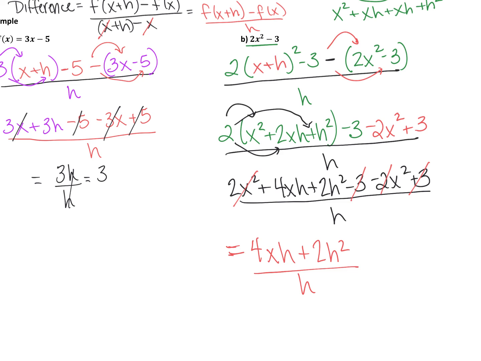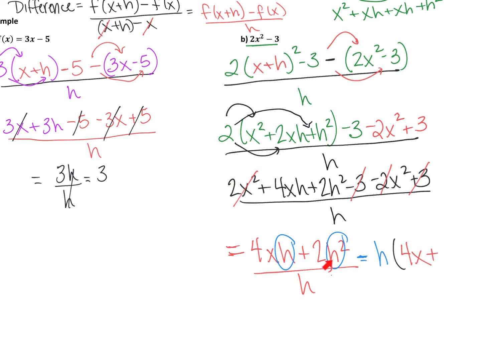Here's what's special about this now. Notice at the top, both these terms have an h. We can factor here. So when we factor, we're going to pull the h out of each term. So I'll put the h in the front, and I'll rewrite the term like this: 4x plus, you have 2 h's because h squared is h times h.